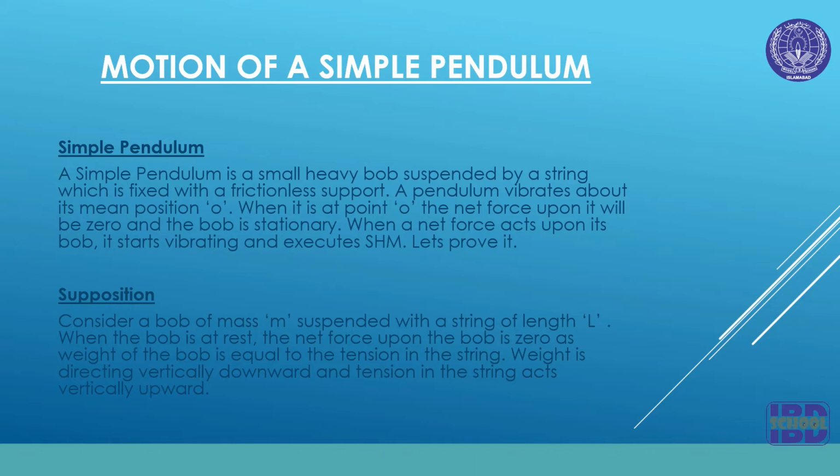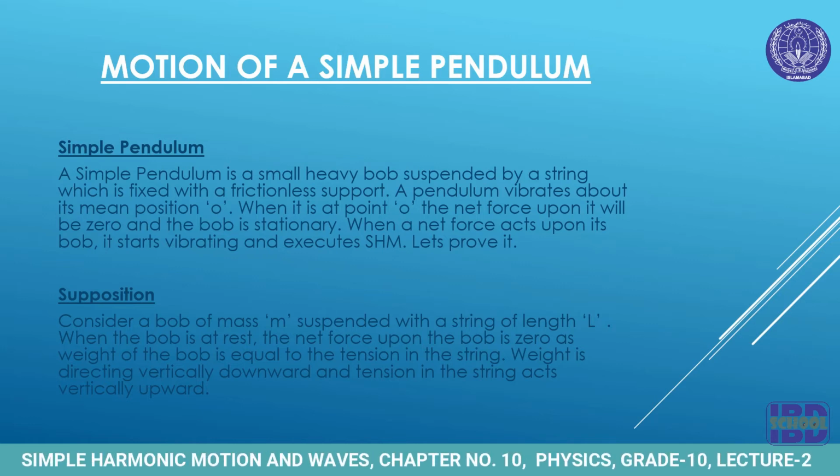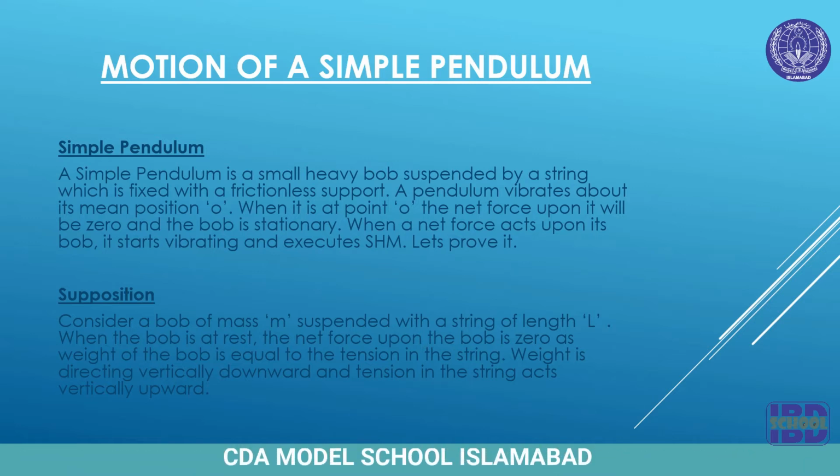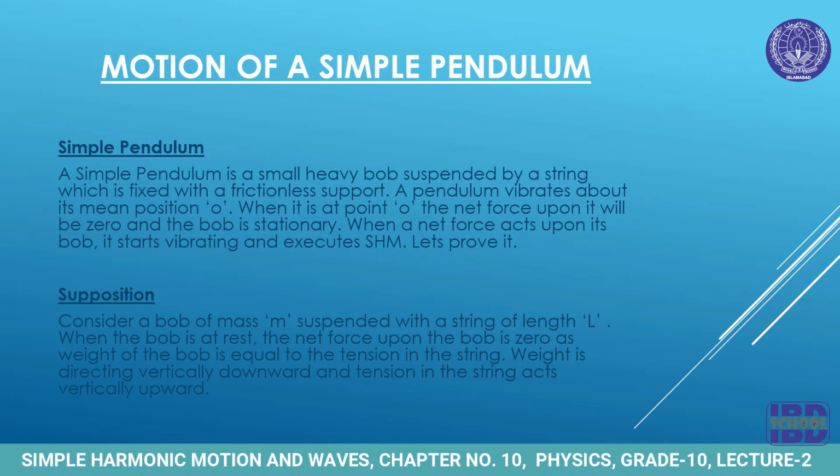So weight and tension are equal in magnitude and opposite in direction, therefore they cancel each other's effect, and in this way the net force upon the pendulum bob or any body suspended with a string is 0 at the resting position or mean position.